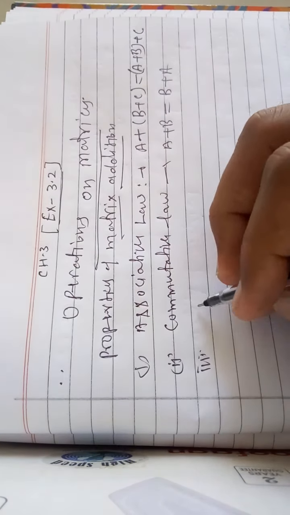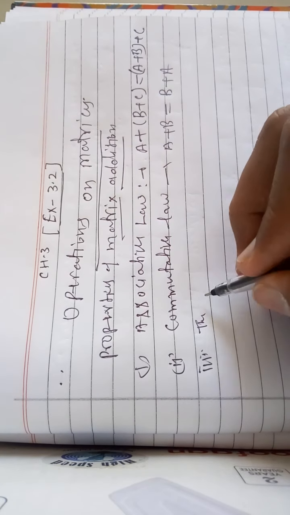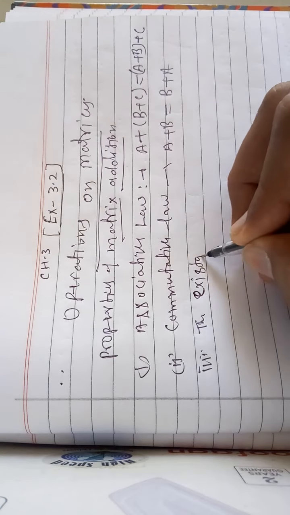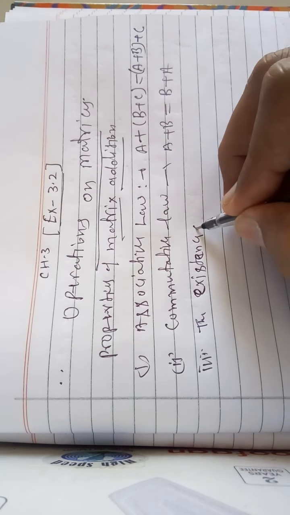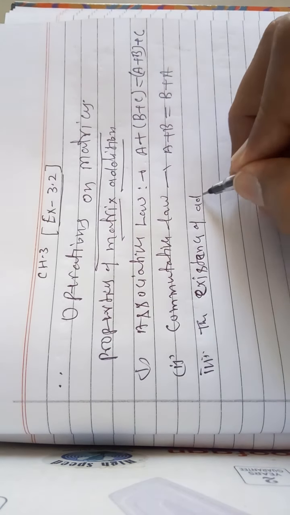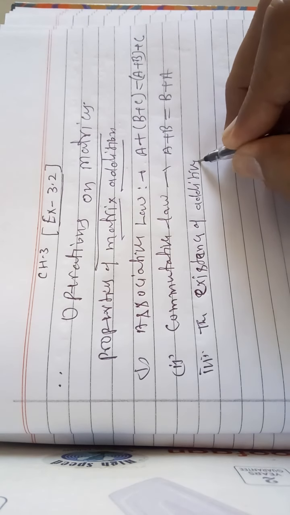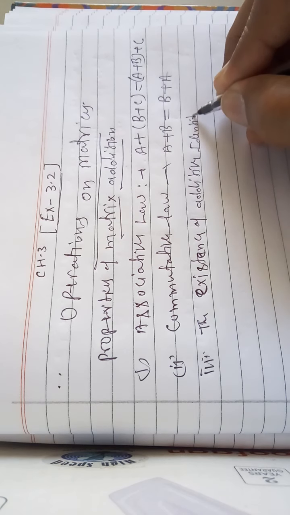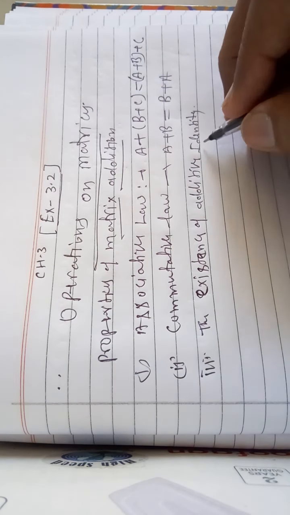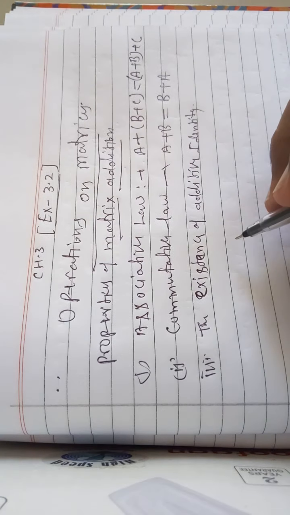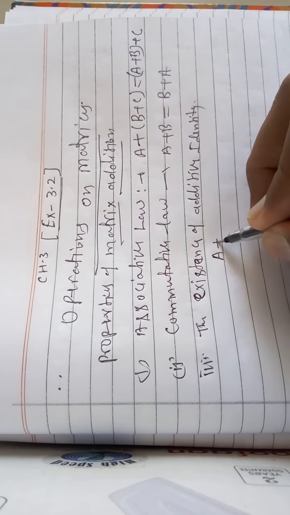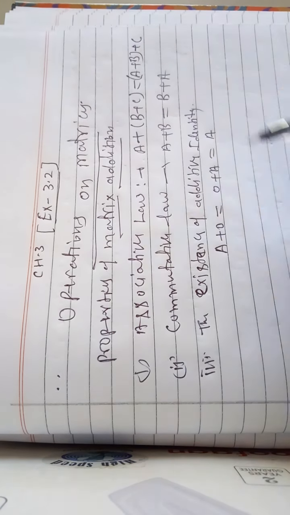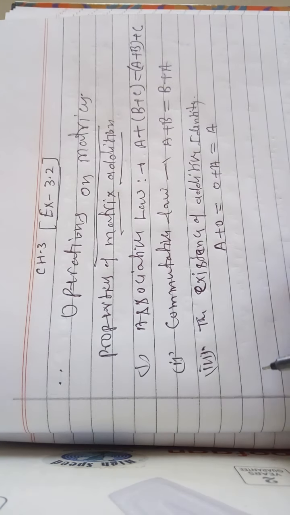Third, the existence of additive identity. The additive identity is 0. So matrix A plus 0 equals 0 plus A matrix, which is equal to A. There is no effect on the matrix.